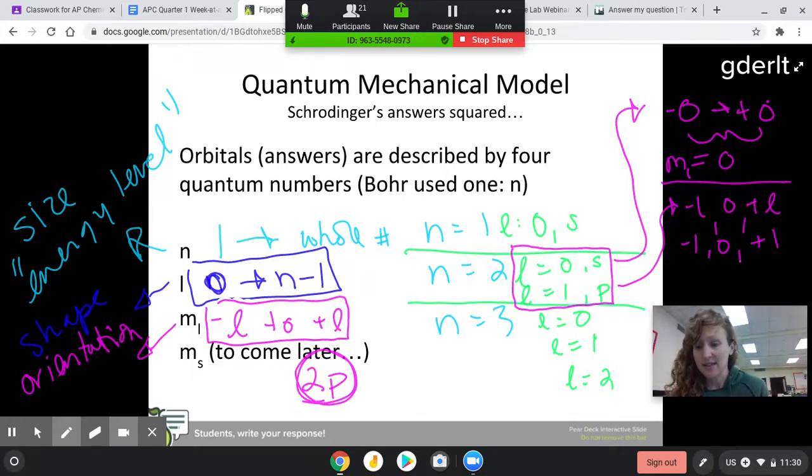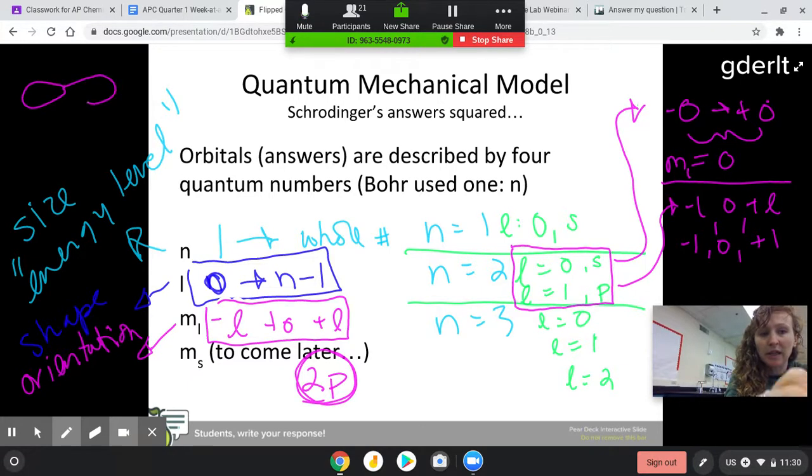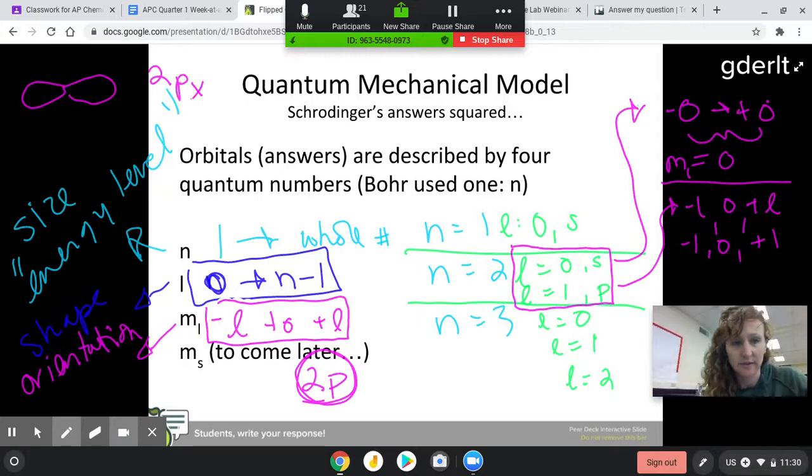And this, if you have N, L, and M sub L, this describes an orbital. That's what an orbital is. So my 2px orbital looks like that.